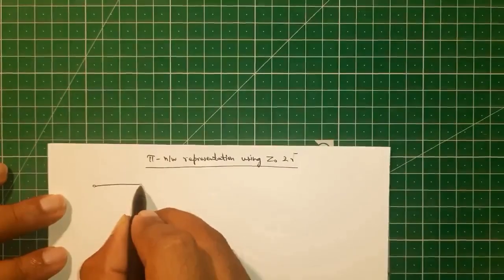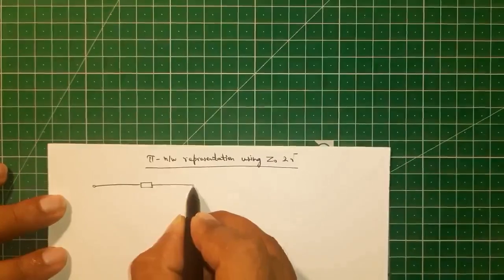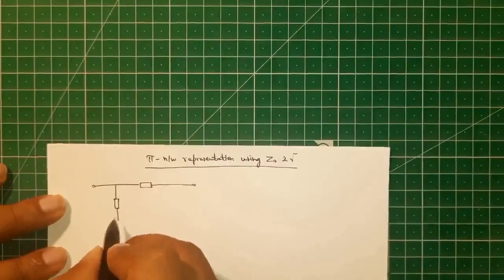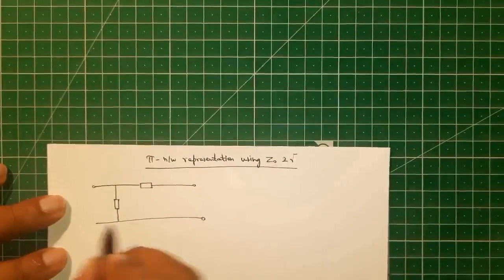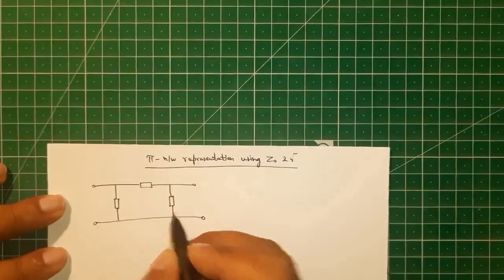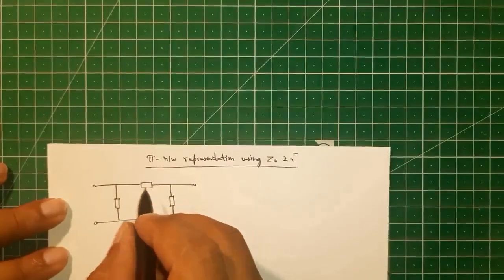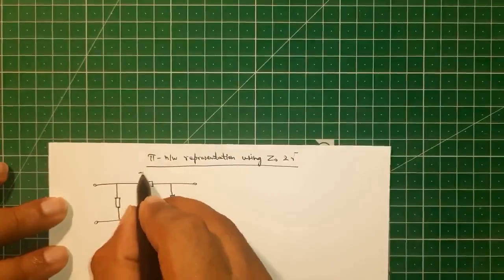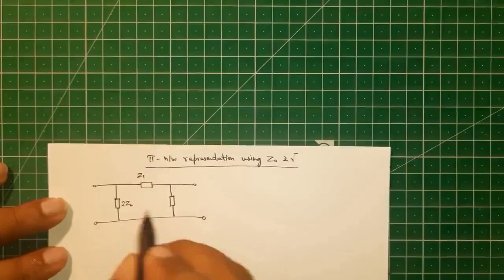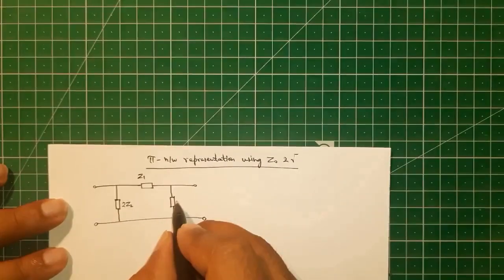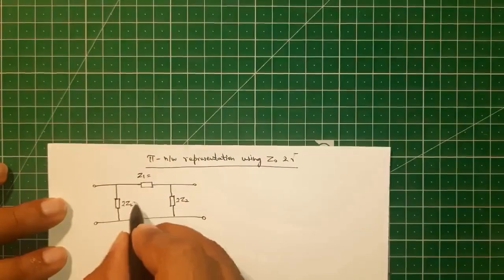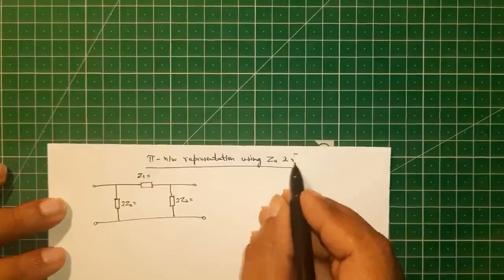So we have the network as drawn. We have the total series arm impedance equal to Z1. The total shunt arm impedance is equal to Z2. So each of these branch impedances should be twice Z2. Now we have to represent these in terms of Z0 and gamma.